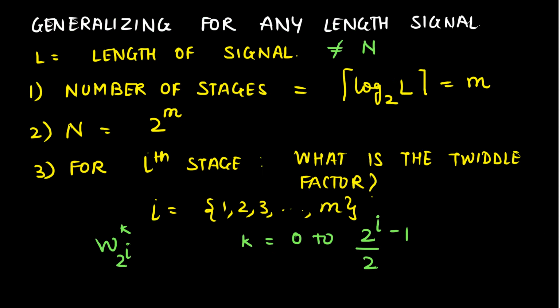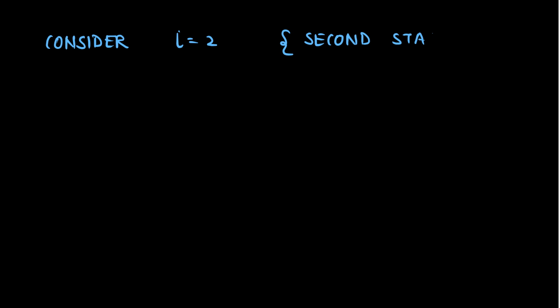So let us try to understand it better. If we consider i equal to 2, that is the second stage, the twiddle factor would be given as W 2 to the power 2, to the power k.